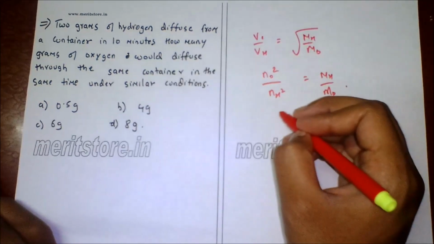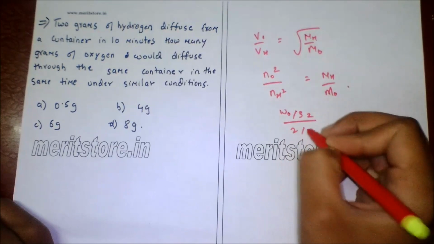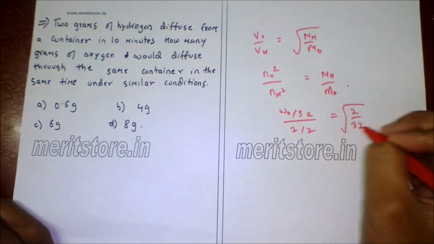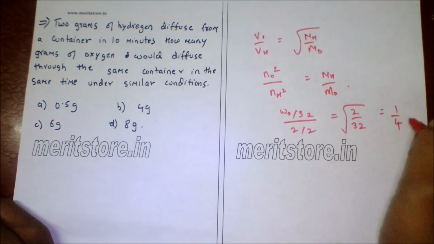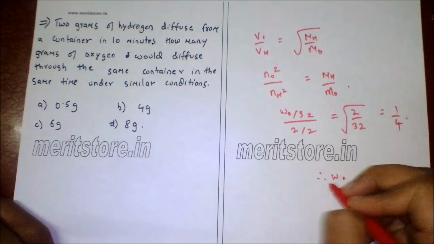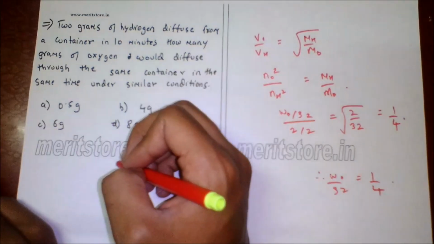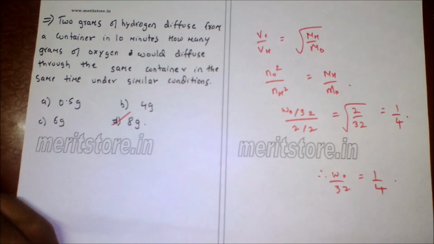So number of moles is mass upon molar mass, which is 1 by 4. Therefore weight upon 32 is equal to 1 by 4. This comes out to be 8 grams. Option D is the correct answer.